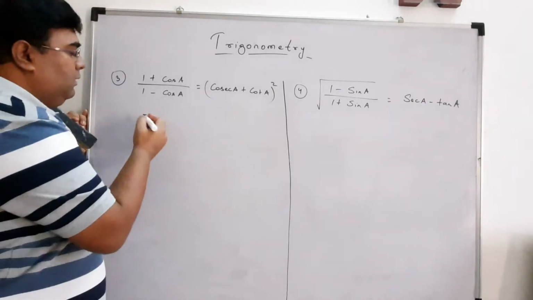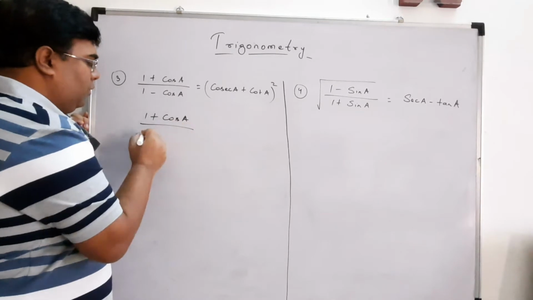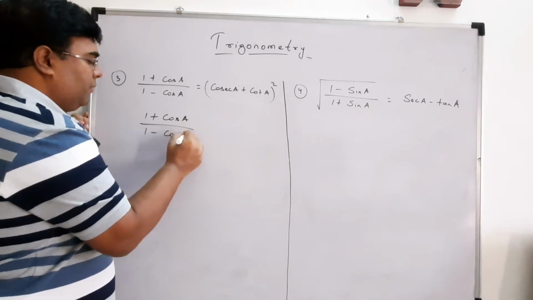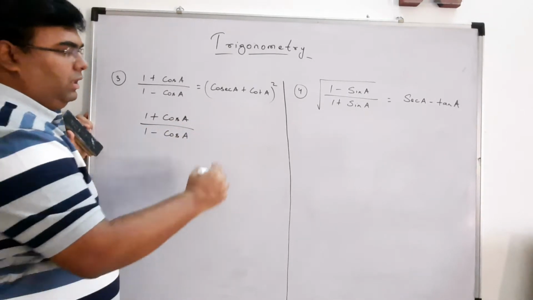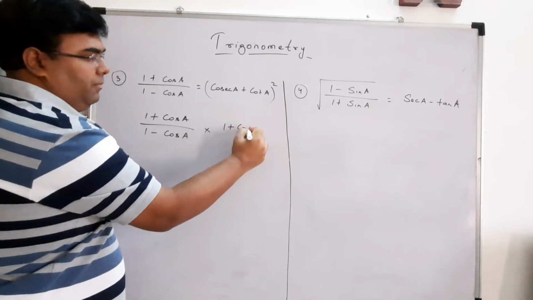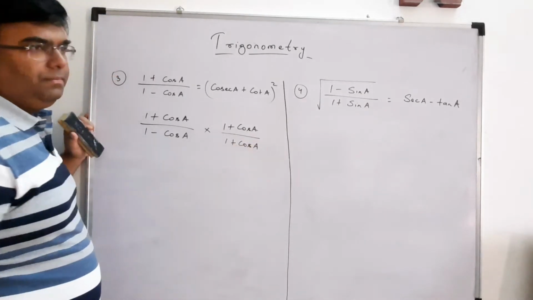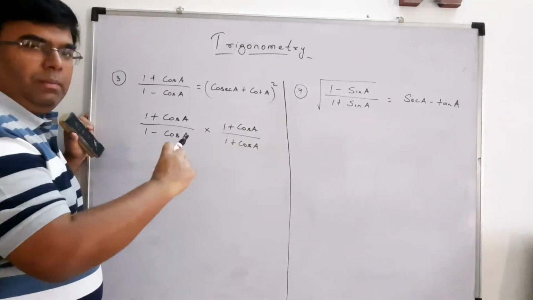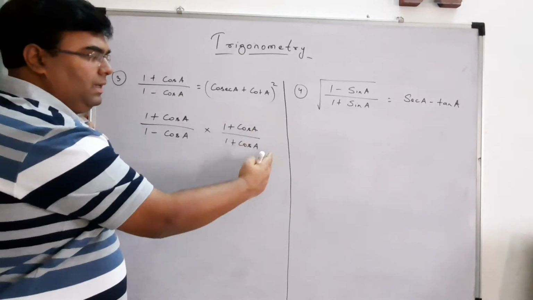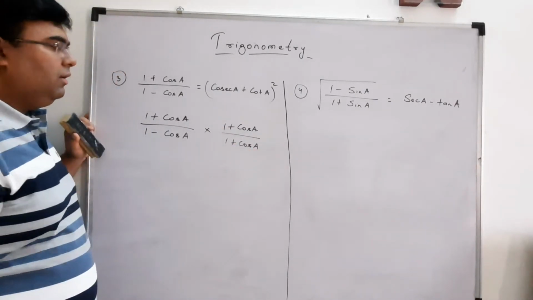Take 1 plus cos A upon 1 minus cos A. If you multiply by 1 plus cos A upon 1 plus cos A, we cannot multiply two different terms, so we multiply the same terms, 1 plus cos A in both numerator and denominator.